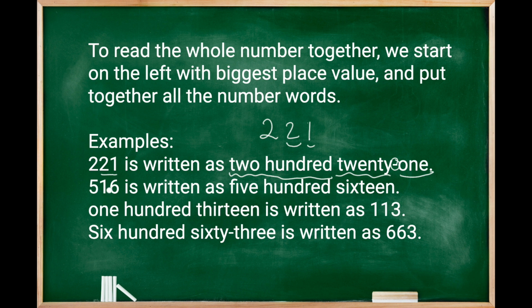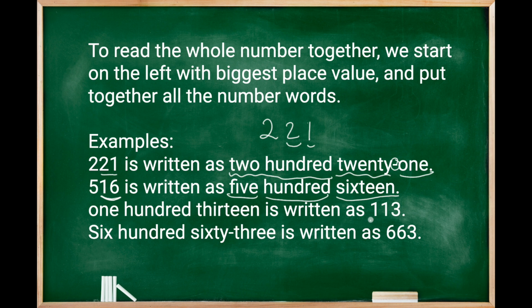So 516, we have 5 in the hundreds place, so we call it 500, and then this is a teen number, so we call it in a special way, 16. We don't use a dash between them because we read it to the hundreds place. We don't use a dash after the hundreds place. We use a dash after the tens place number.